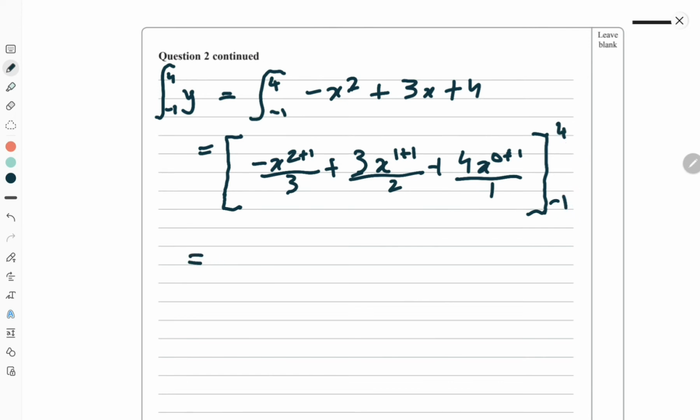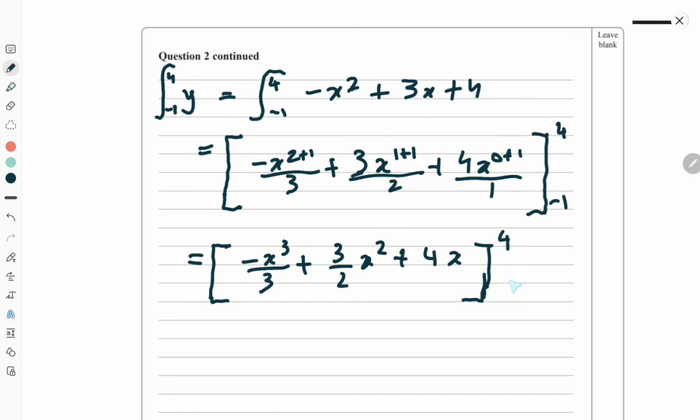That is equal to minus x cubed over 3, plus 3 over 2 x squared, plus 4x, with limits 4 and -1. Close the square brackets.